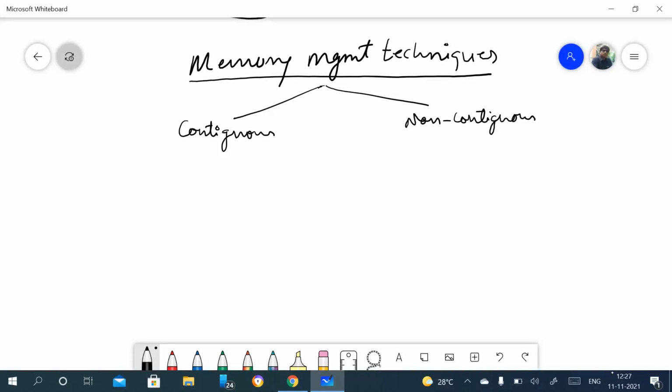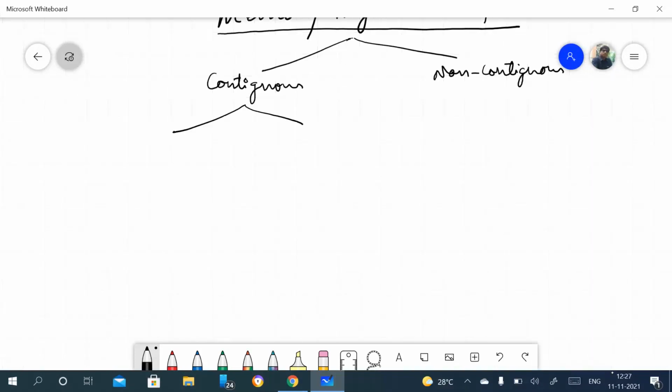These are the main two types, and under contiguous, one is fixed partitioning, which we can also call static, and the other is variable partitioning, which we can also call dynamic.